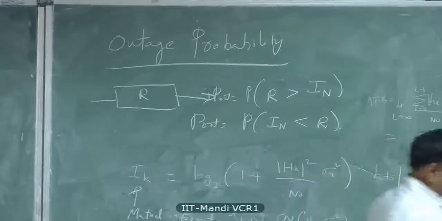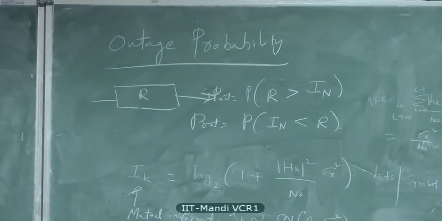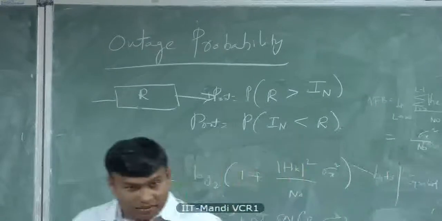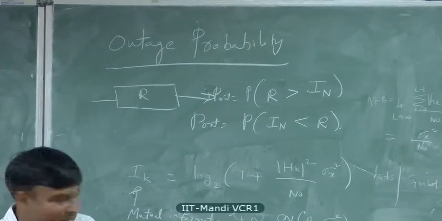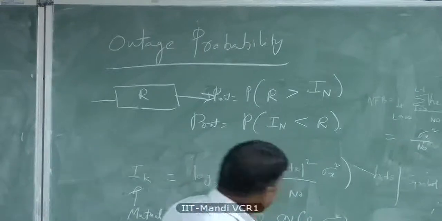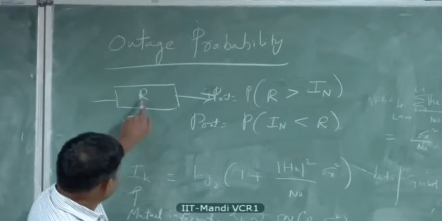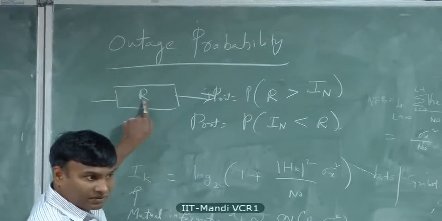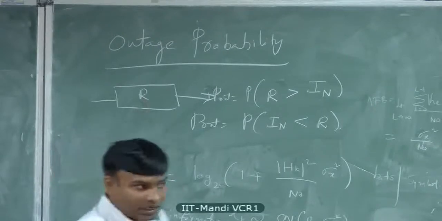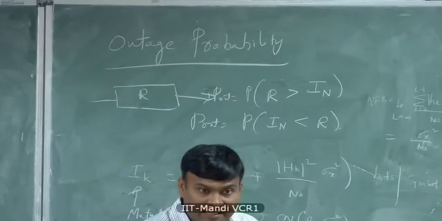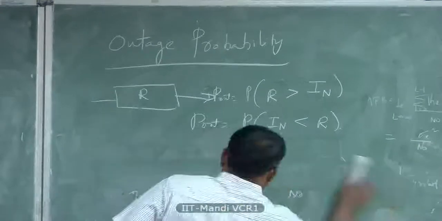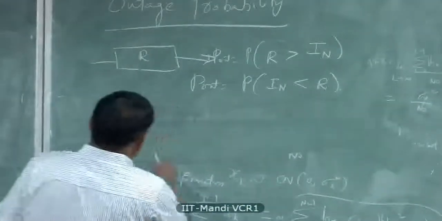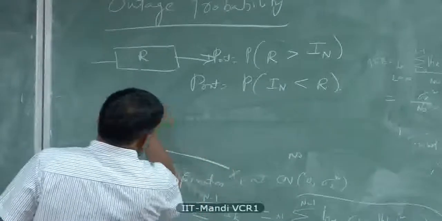Okay. Whenever L takes small values 1, 2, 3, this outage probability has a lot of significance. From an information theory point of view, it has a lot of significance. What is the significance? It turns out that you construct a code with rate R, and the average frame error rate that you get with this code is something like this.